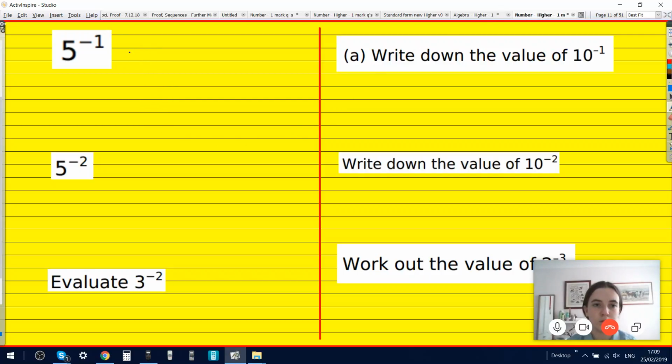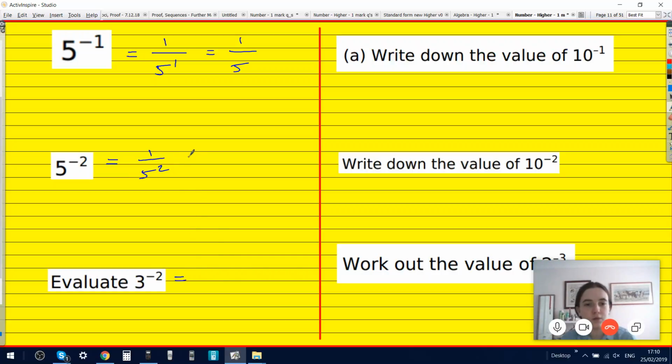Okay, top left. What is this? 1 over 5 to the 1. Which is the same as? 1 over 5. Next one? 1 over 5 to the 2. This one?